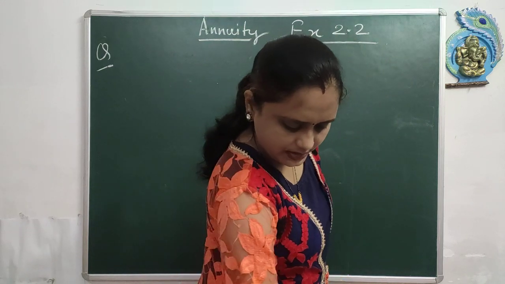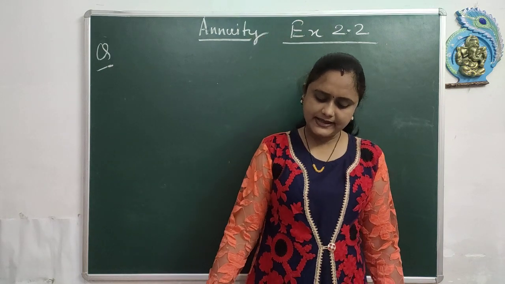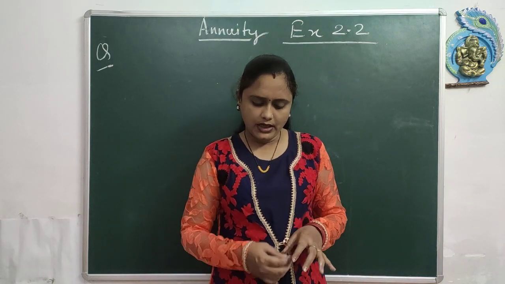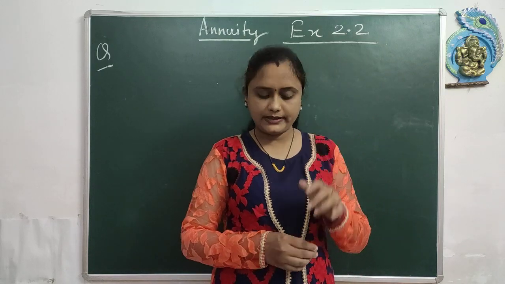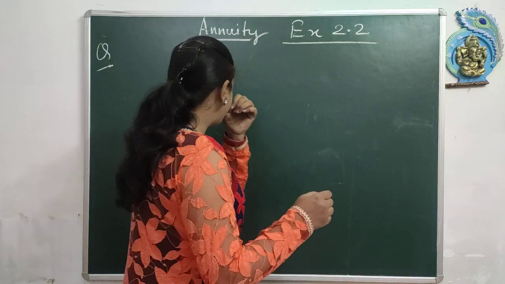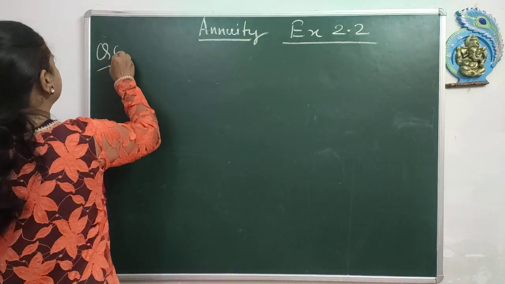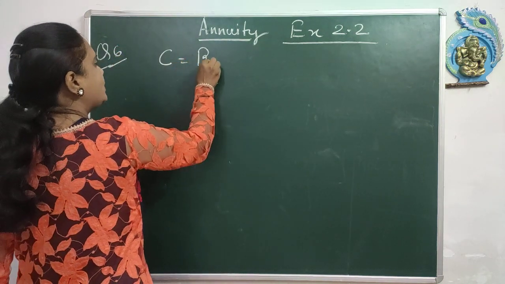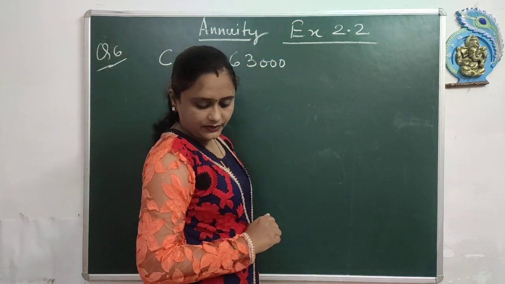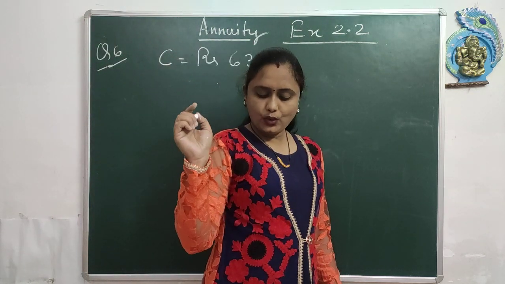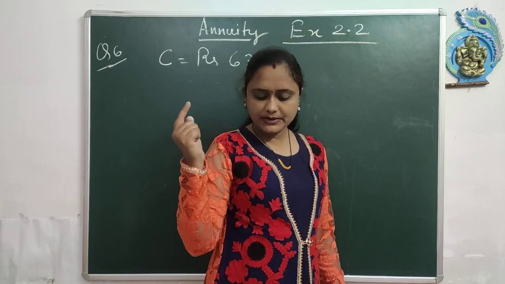What is given in question number 6? Find the present value of an ordinary annuity of rupees 63,000. Again you have to find the present value, and the annuity is rupees 63,000, so that means the cash flow is rupees 63,000. Per annum for 4 years at 14% per annum compounded annually.